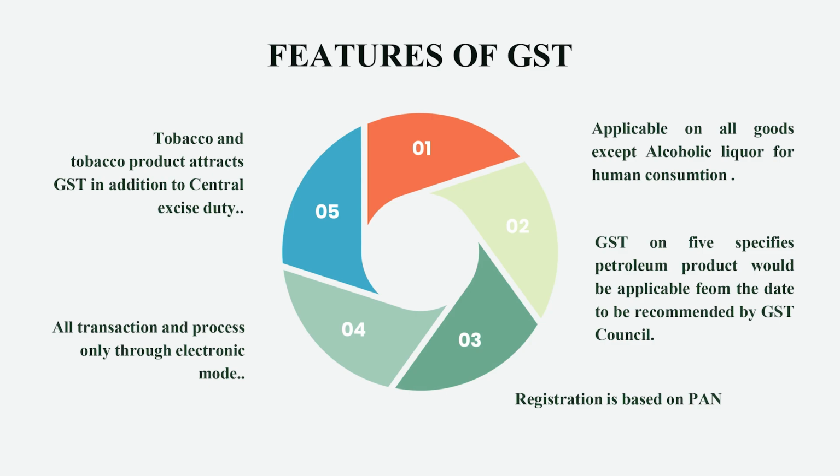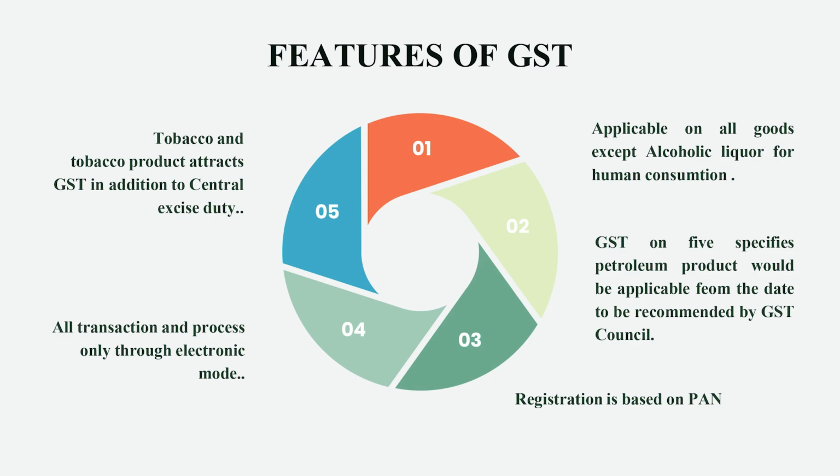Another feature is GST on five petroleum products. The five petroleum products are high speed diesel, motor spirit, natural gas, crude oil, ATF, etc. On these products, till date no GST is levied. But if the government wants, on the recommendation of the GST Council, they can charge the GST from tomorrow itself by bringing a notification.